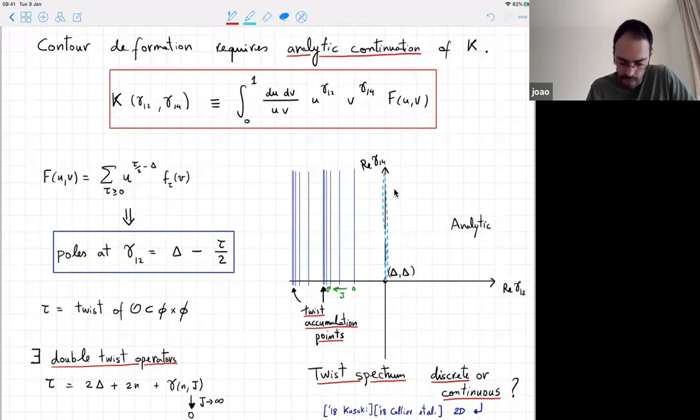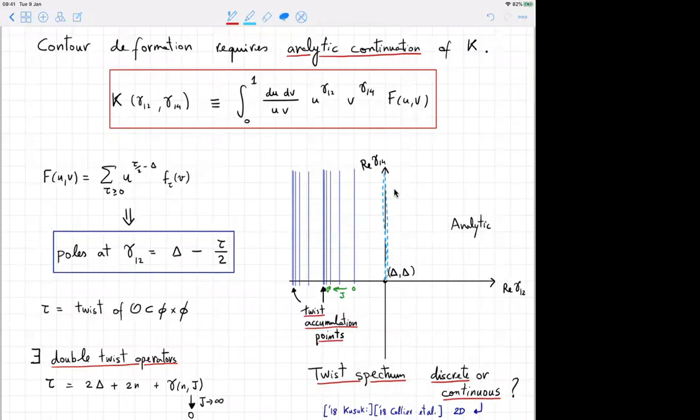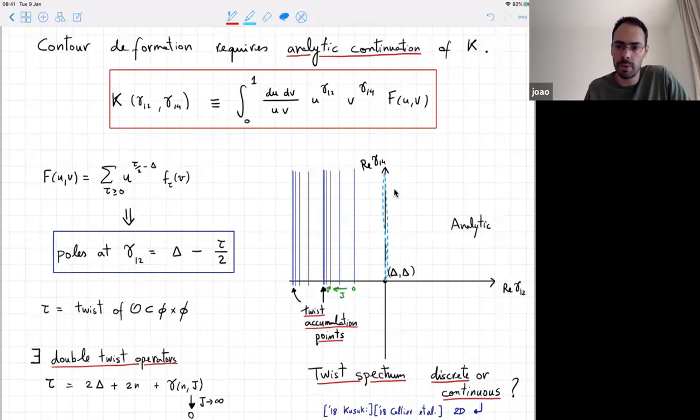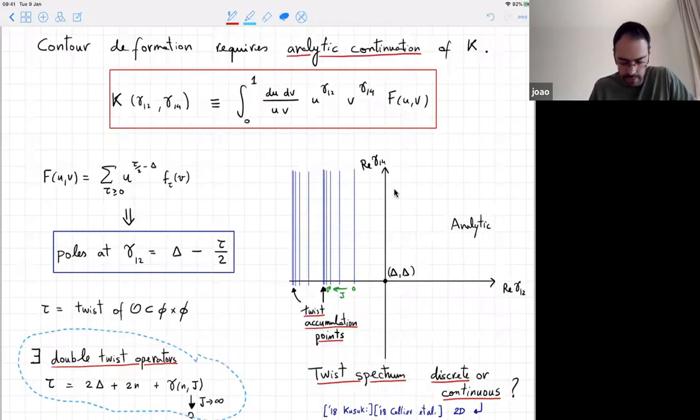Okay. But here I want to emphasize that the analytic structure of Mellin amplitudes is really controlled by the twist spectrum of the CFT. But we know a lot about the twist spectrum of the CFT, right? So we know that the twist spectrum is full of accumulation points. In particular, there are these universal double twist operators that at large spin accumulate with twist 2 delta plus 2n, where n is an integer.